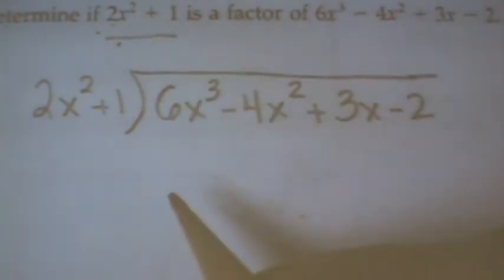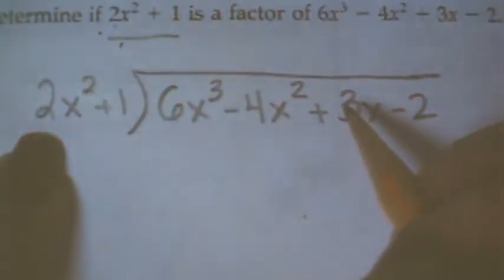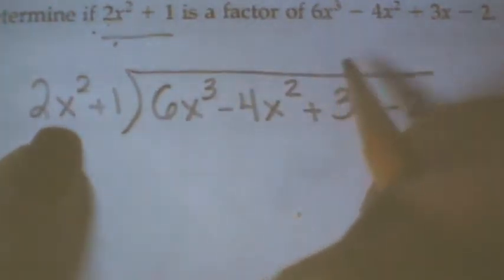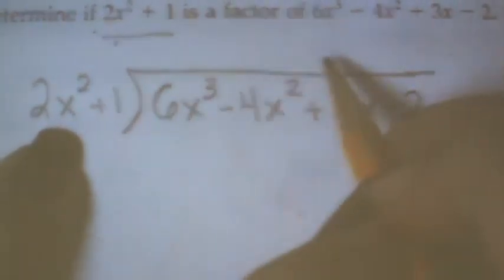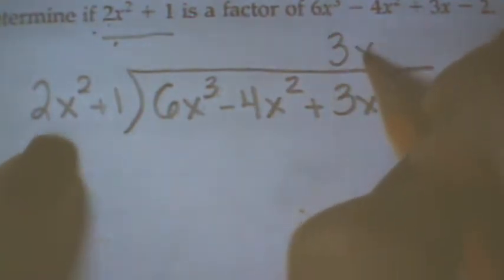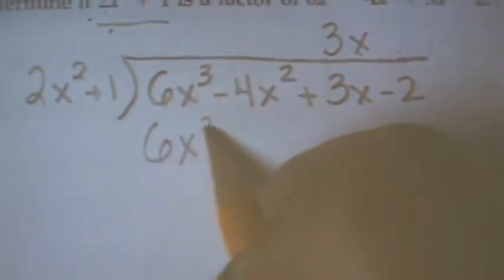So now your job is to figure out 2x squared times what is going to give me a 6x cubed. 3x. So now you're getting your quotient, which is your answer. You're going to do 3x times both of these. If you multiply this, you get 6x cubed, and plus 3x.